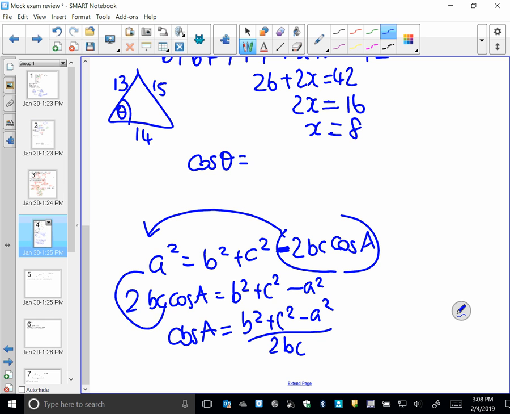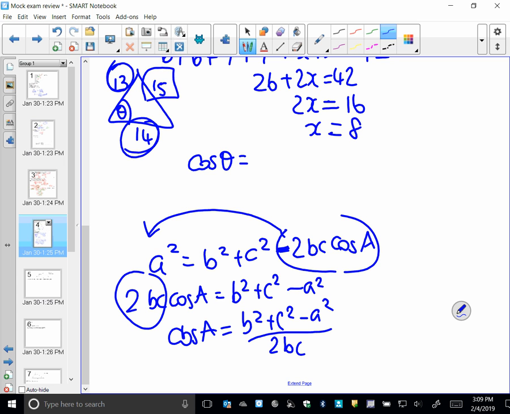Okay? So, I always remember it is that the angle I'm trying to find is the length that's being subtracted. And then these two letters on the bottom are the same as the first two ones. Okay? So then we're just going to stick those values in. So you've established that these are your B and C. Doesn't matter which one's which.